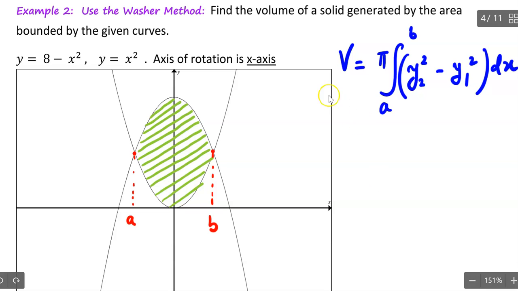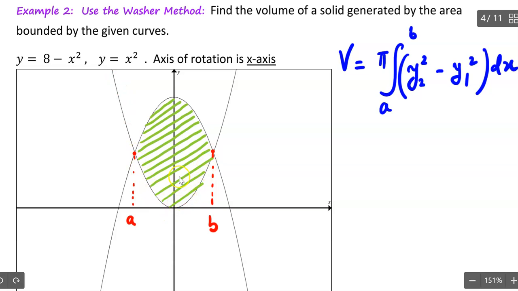If you place your eyes between this area that we are working with, then you will recognize that this parabola here is the upper function, and this parabola here is the lower function.